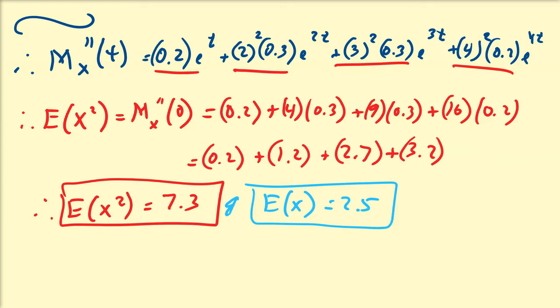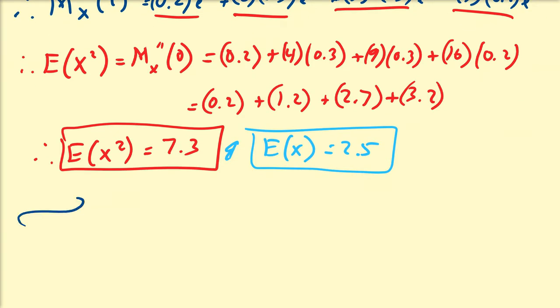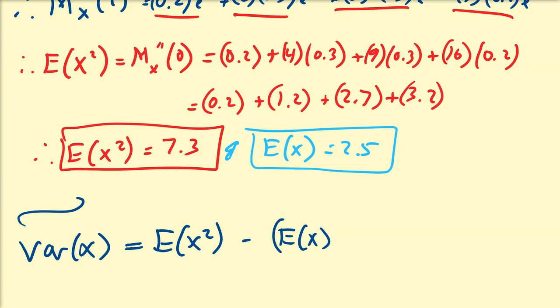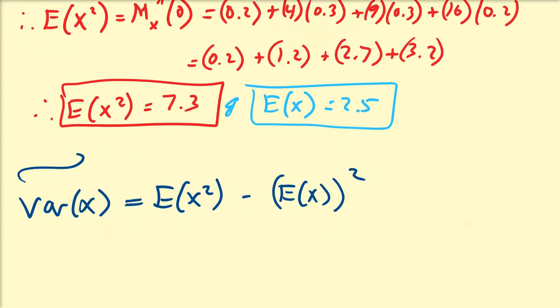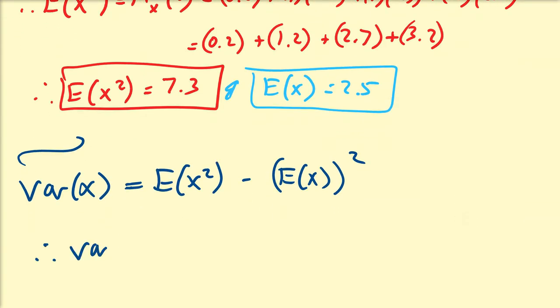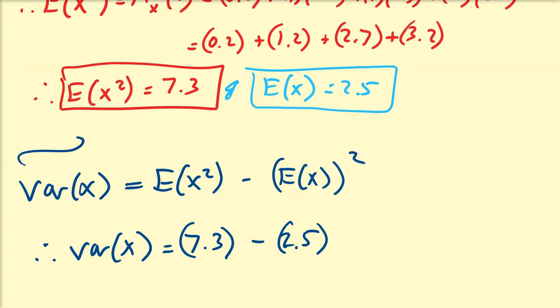So let's calculate the variance of our random variable x. So we know that the variance of x is equal to the second moment of x minus the square of our first moment of x. So if that is the case, then that means the variance of x is going to be equal to the second moment, 7.3, minus the mean, 2.5, the quantity squared.